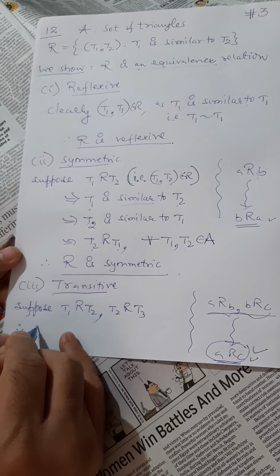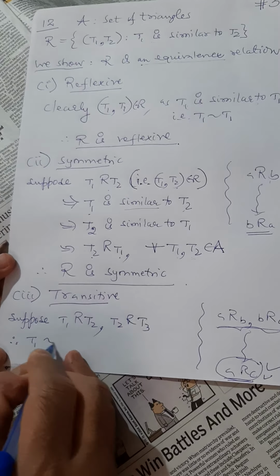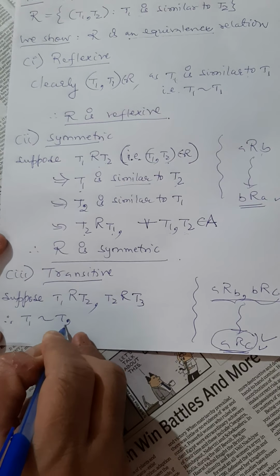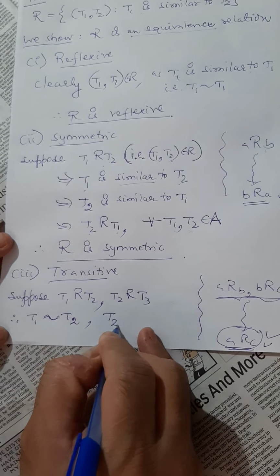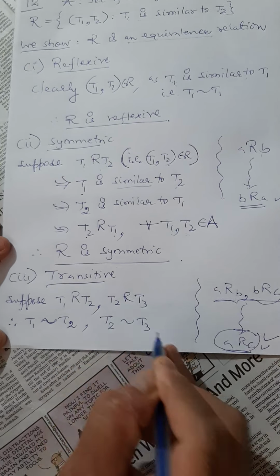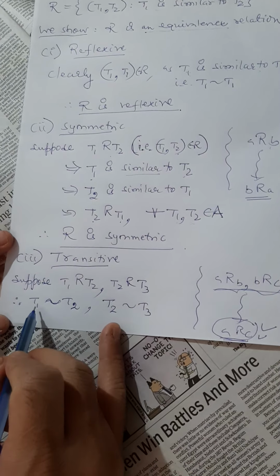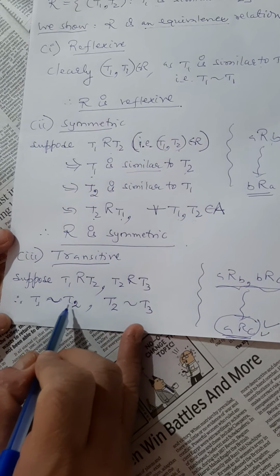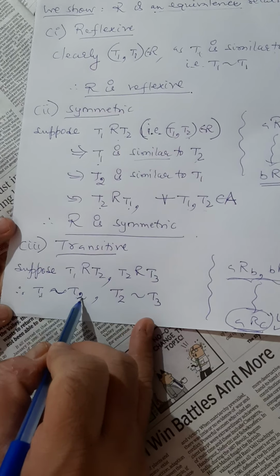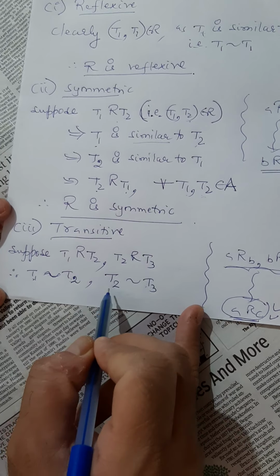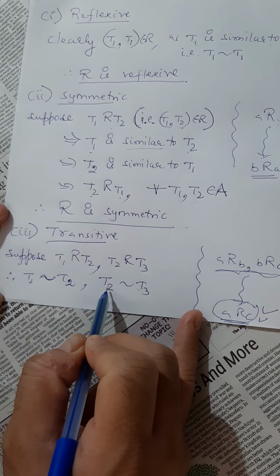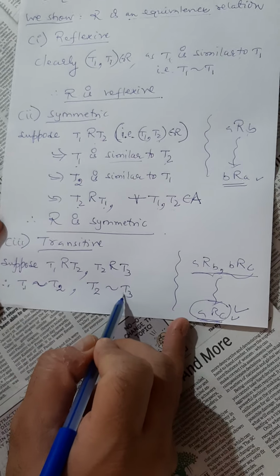Therefore you can say that T1 is similar to T2. This is the symbol for similarity. And T2 is similar to T3. Now similar means the ratio of the corresponding sides is the same for T1 and T2. T2 is similar to T3, that means the ratio of corresponding sides of T2 and T3 is the same.